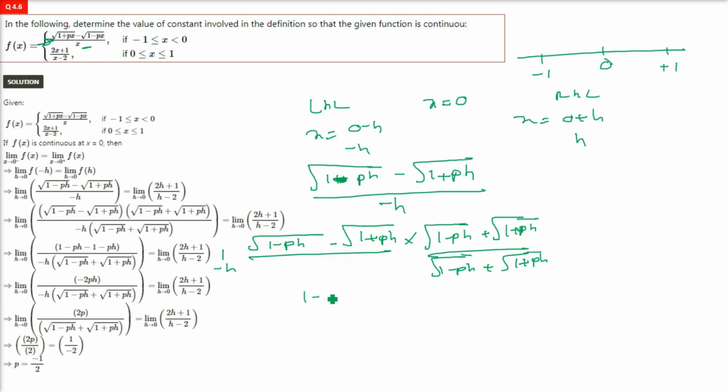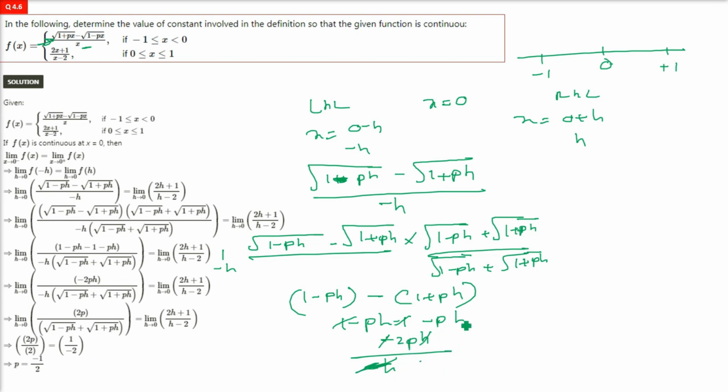And since it is root, it will get eliminated. You will get 1 minus ph minus 1 plus ph. This is numerator only I am doing. So 1 minus ph minus 1 minus ph. So 1 gets cancelled. You will get minus 2 ph. Since we have a negative h already there, you can cancel minus h minus h. So 2p is there.